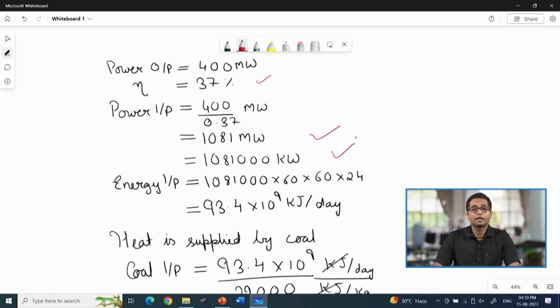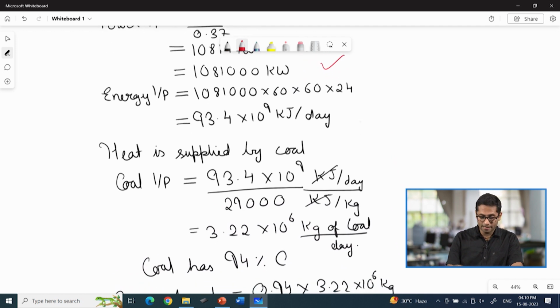This was the power input, and to look at the energy input, I would multiply this by 60 seconds, 60 minutes and 24 hours. This gives me the energy input on a per day basis, and this heat would primarily be supplied by coal, for which I know the calorific value to be around 29,000 kilojoules per kg. I divide the total energy input by the calorific value of the coal to give me the consumption of coal in kgs of coal per day.